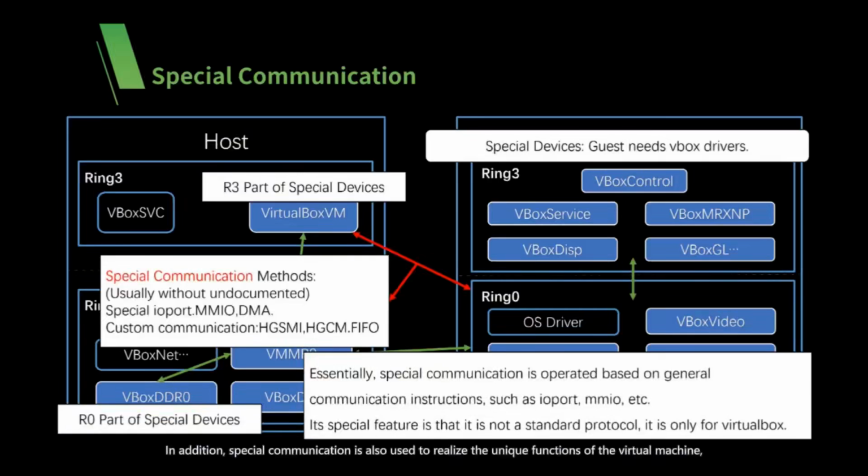In addition, special communication is also used to realize the unique functions of the virtual machine, such as folder sharing and file dragging, and so on. In VirtualBox, the host implements these functions as devices. Finally, there is a very interesting place to use special communication, which is BIOS.